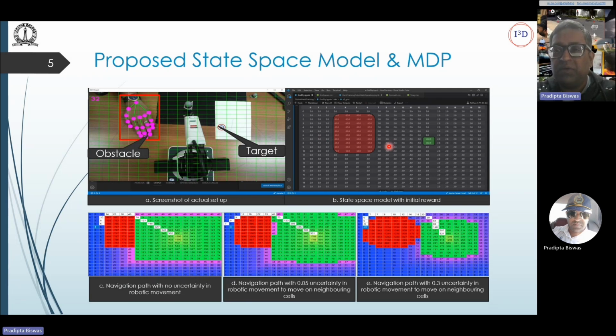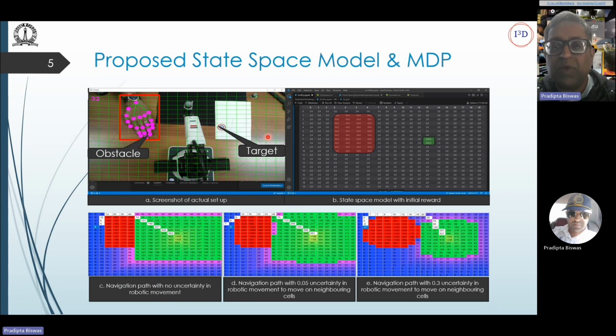We put some higher values on the terminal state, which designates the target. We also put some negative values where the hand is, because I do not want the robot end effector to touch my hand. And we showed motion planning where we increase the probability of uncertainty in the robot's movement.